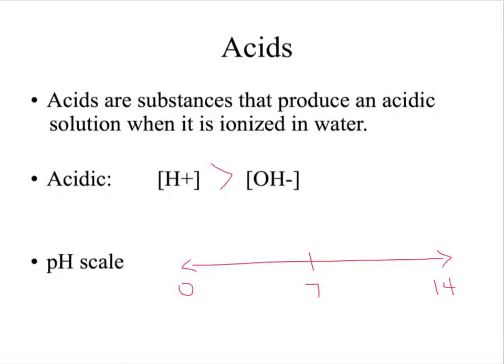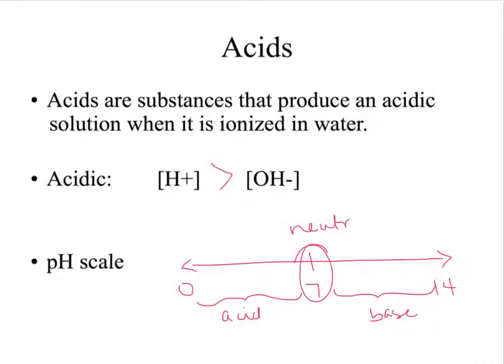It actually goes from 0 to 14. And anything down here from 0 to 7 is considered an acid. And anything between 7 and 14 is considered a base. The pH of 7 right here, that would be a neutral solution, which is the same thing as pure water. So an acidic solution has more H plus ions, and it also has a pH that's below 7.